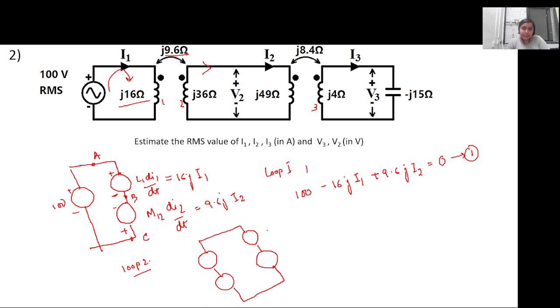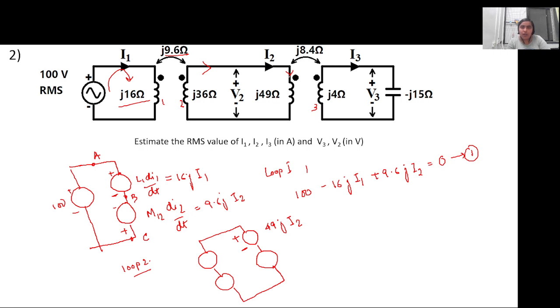I'm directly writing the value. The self-inductance will be 49j into I2. The current is entering the dot, so the sign will be in this direction.